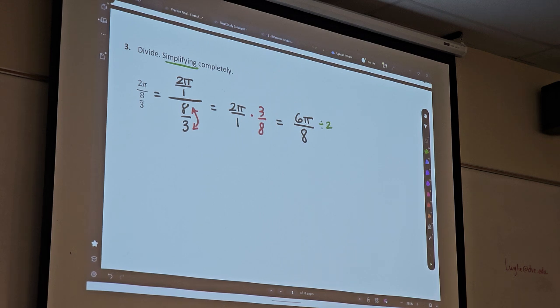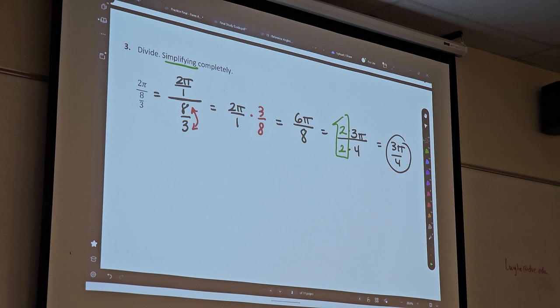I super don't mind people being like, divide top and bottom by 2 over 2. But I like to write it like this. So we're like, yes, that's true. 2 times 3 is 6, so 2 times 3 pi is 6 pi. And 2 times 4 is 8. I'm not canceling 2's. It's times 1. 3 pi over 4 and done.